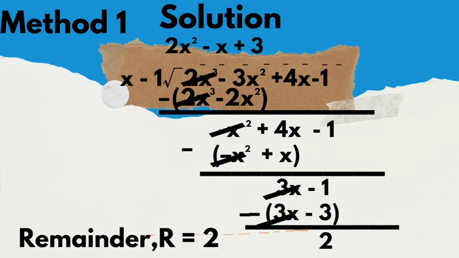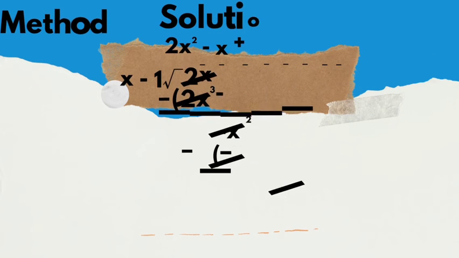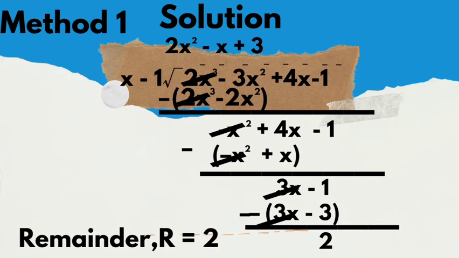Now, minus in the outside multiplied by minus 2x squared, that gives us plus 2x squared. Now, minus 3x raised to power 2 plus 2x squared is going to give us minus x raised to power 2. Now, bring the other terms in the polynomial down, and that is plus 4x minus 1.